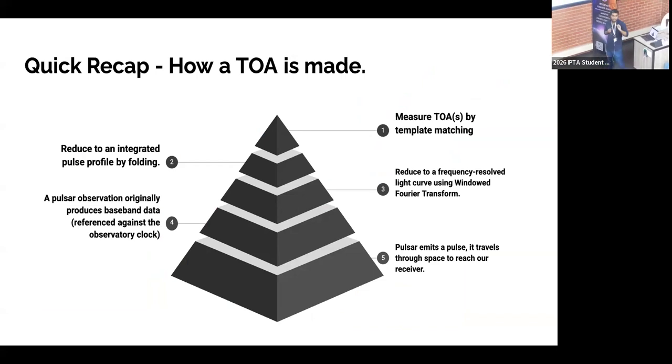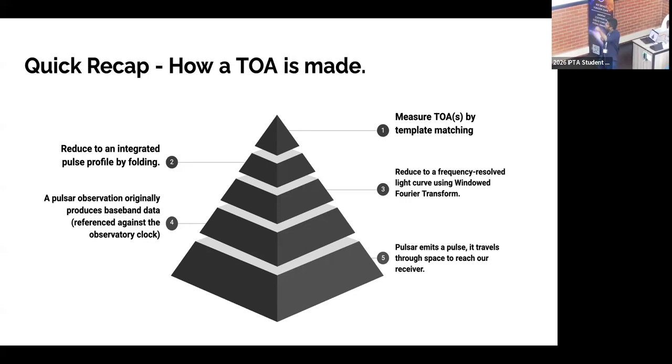Once we have recorded our data, this is sort of how we make a TOA out of that. The actual output of the telescope is originally what is known as baseband data, which are voltages induced by the incident radio wave, which we reduce to a frequency resolved light curve by doing a windowed Fourier transform.